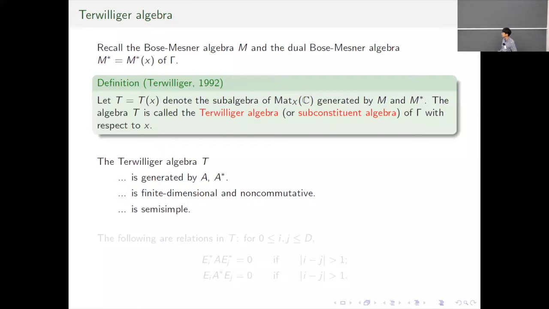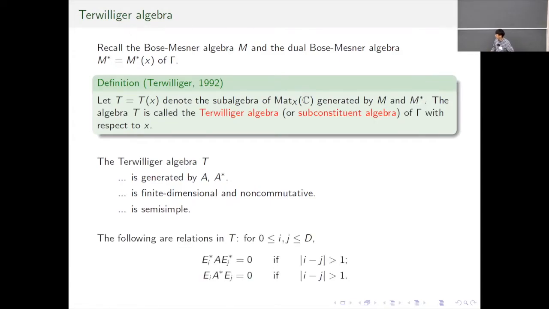It is finite dimensional and non-commutative in general, and it is semi-simple because it is closed under the conjugate transpose map. This algebra has relations. The triple product Ei star A Ej star is 0 if the difference between i and j is greater than 1. And the second relation is the dual version of the first.